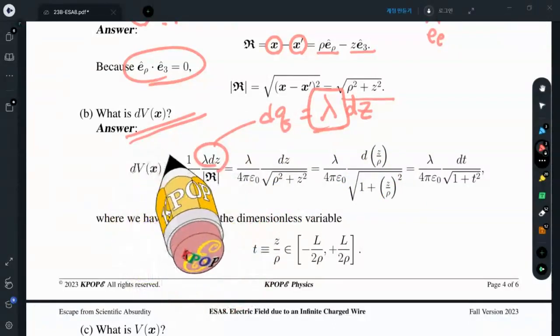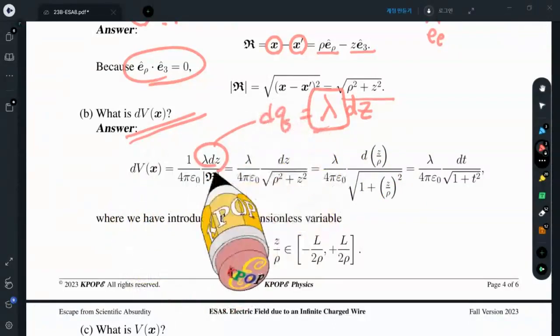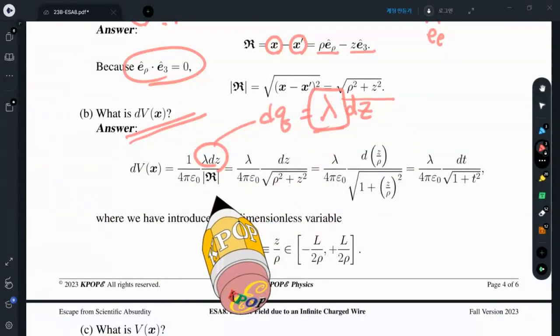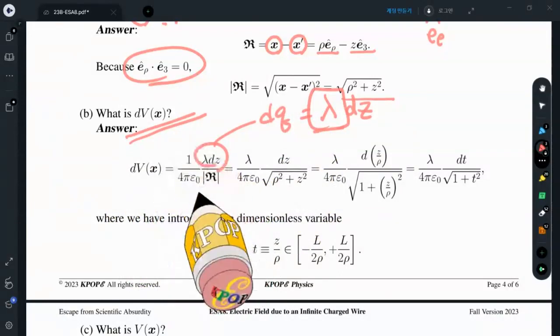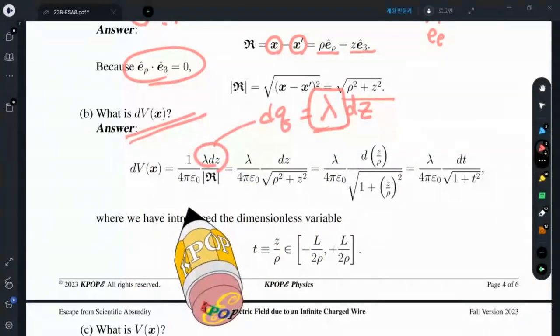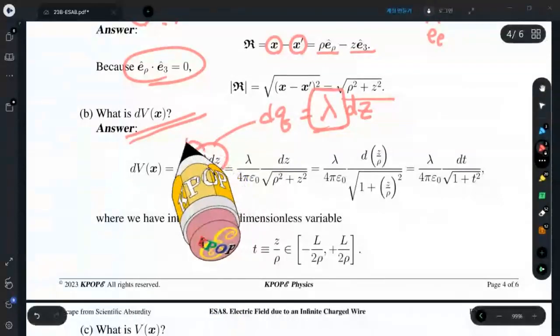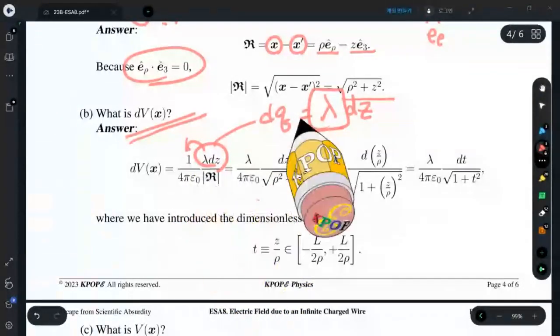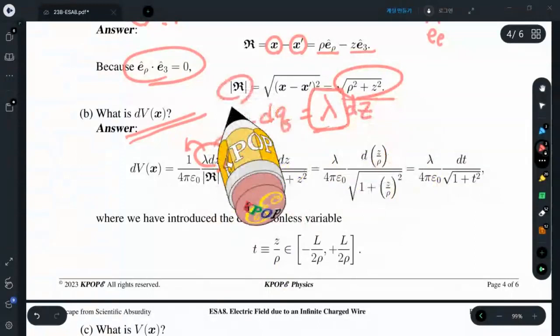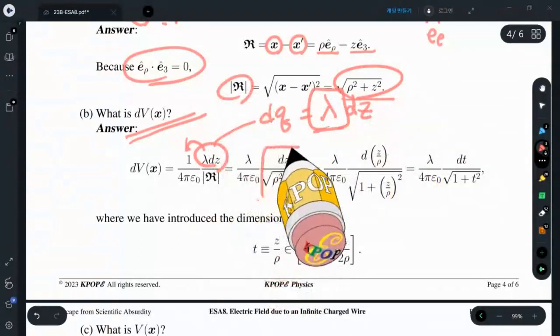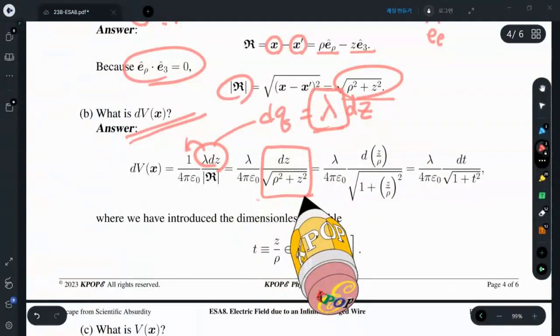Electrostatic potential is charge divided by distance, and the prefactor is 1 over 4 pi epsilon 0. We pull this out and this is the magnitude of R. Therefore, we are interested in evaluating this one.